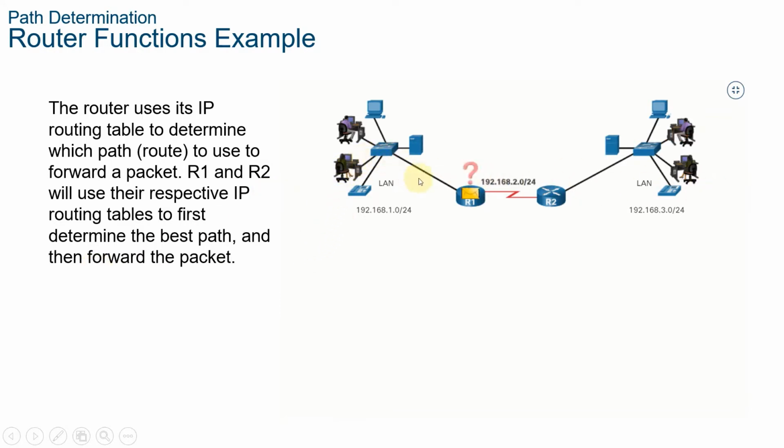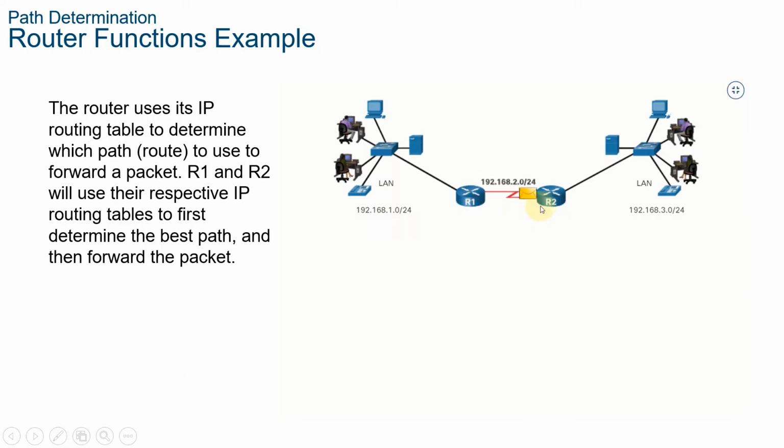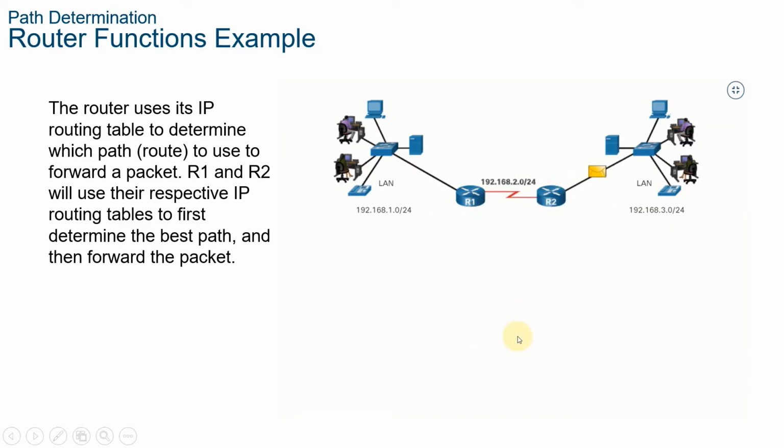The source will forward the packet to the router. The router will refer to the routing table to see if it has an entry. If there is an entry, the packet will be forwarded to the exit interface leading to another network or router. In that case, that is router 2. Router 2 will process the packet and do the same as router 1, referring to its routing table. Then it will be forwarded to the destination. So that's how it works.